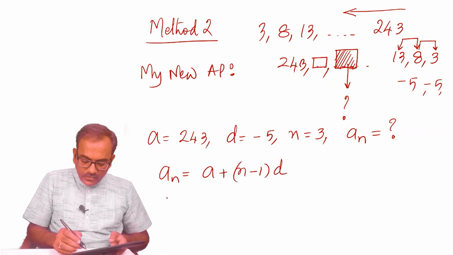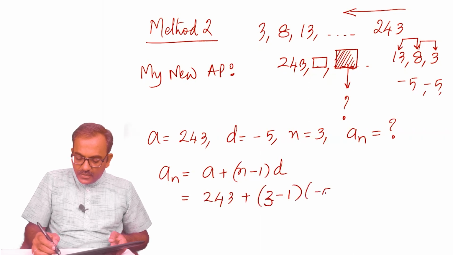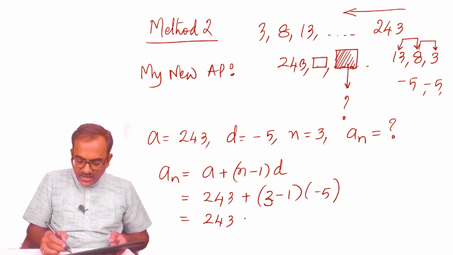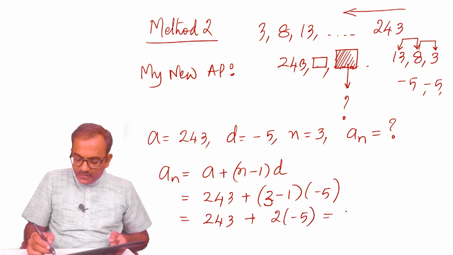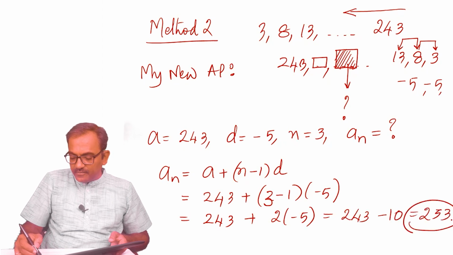So an is equal to 243 plus (3 minus 1) into minus 5. This is 243 plus 2 times minus 5, which is 243 minus 10, that is 233.